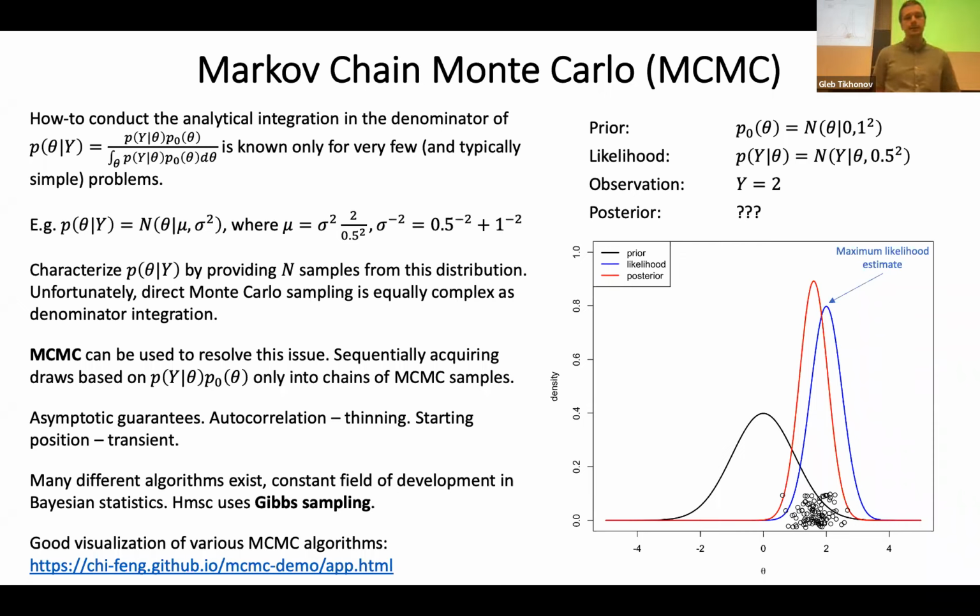Instead, what is often used is the so-called Markov chain Monte Carlo technique. Markov chain Monte Carlo is a family of methods which introduce a special statistical construct called a chain, which sequentially acquires draws from the posterior distribution based only on the unnormalized part of the posterior.